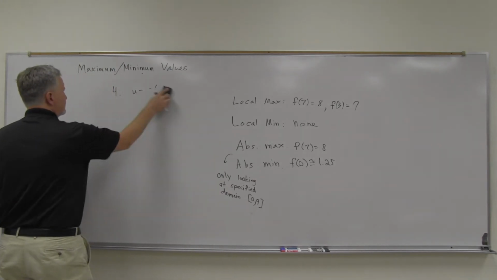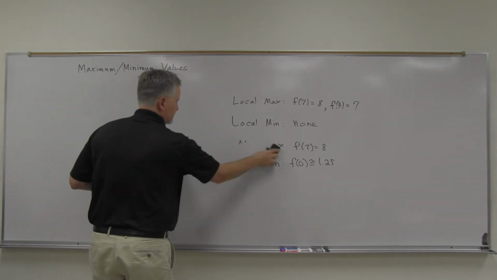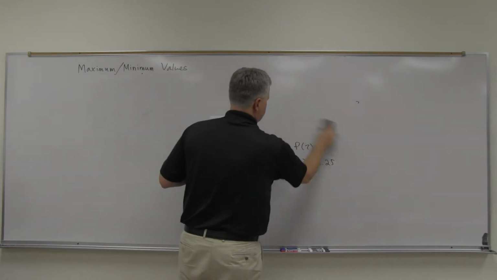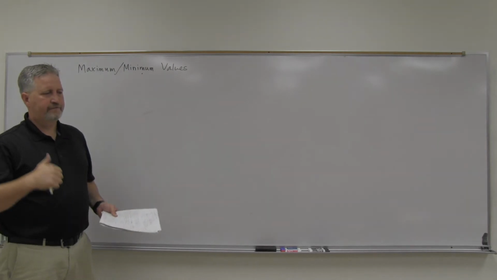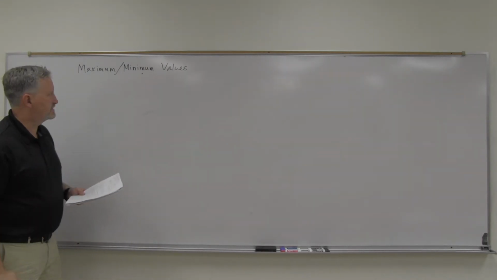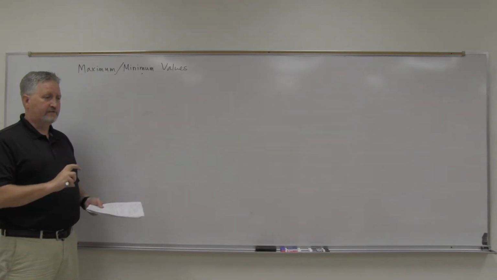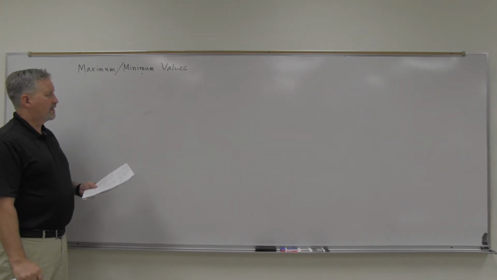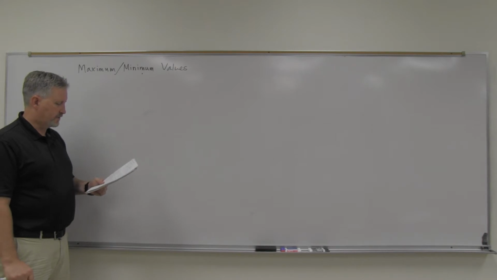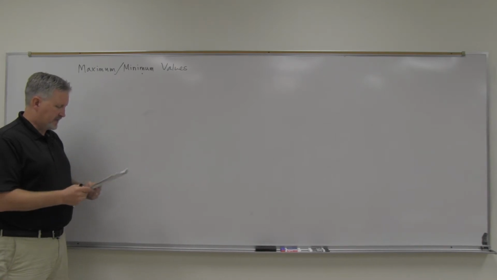So we've seen a couple of examples of local maxes and mins, and the derivative equals 0, derivative does not exist, are places where those occur. So we'll talk more about that in just a second.